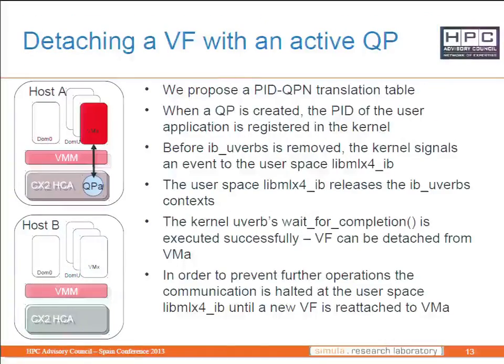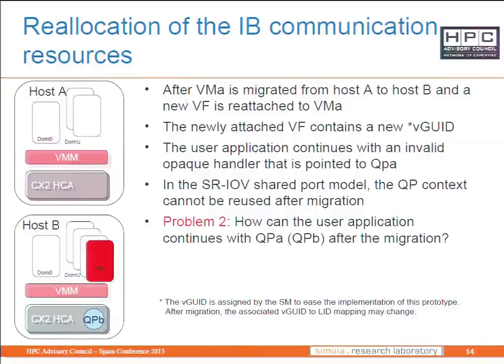But as you see here, the user application was talking maybe to a Q pair A. So when we move it, due to the shared port model, which as I said earlier also shares the Q pair numbers, this QPA might already be in use by another application, maybe from a different virtual machine.